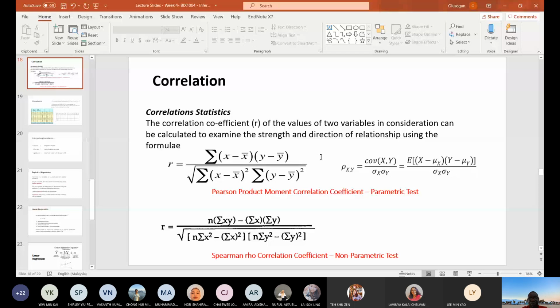I've displayed this formula so that we know step by step how it is calculated. But at the same time, knowing this formula is just for us to have a background idea of how they are calculated.